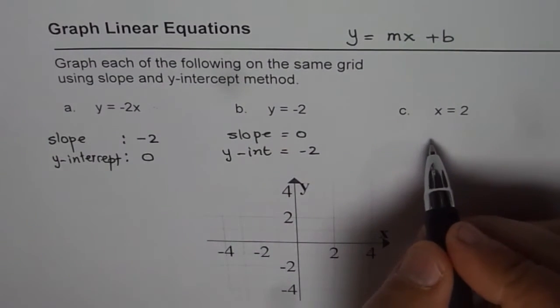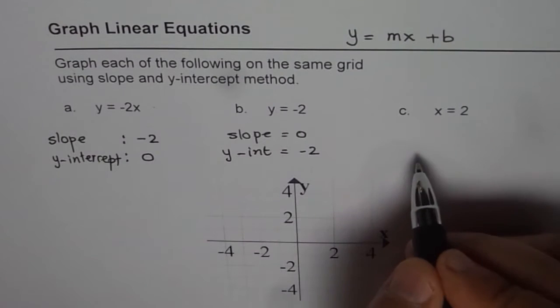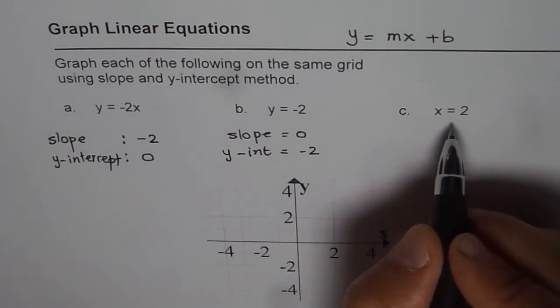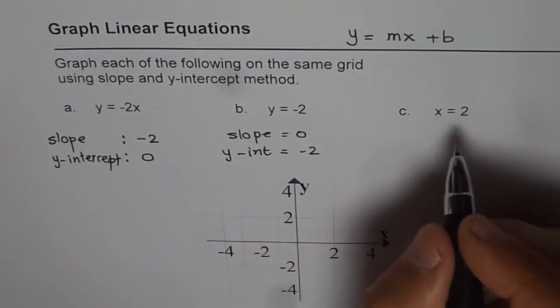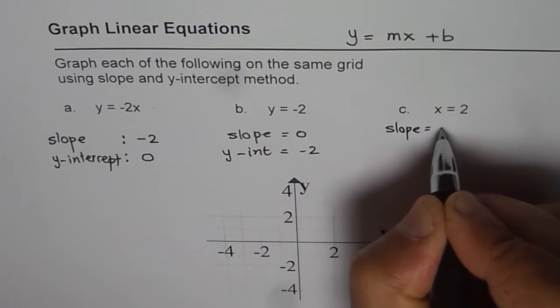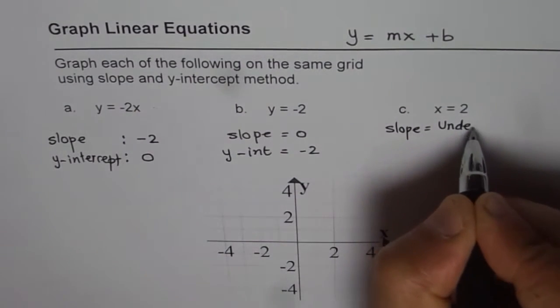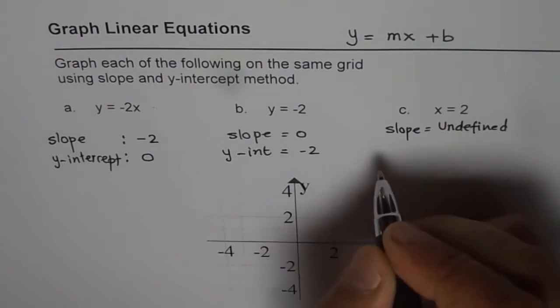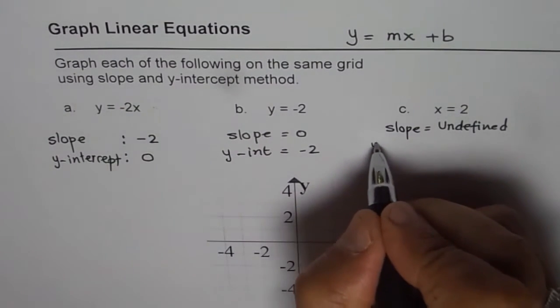Now for the third line, it is x equals 2. Remember, this is a vertical line. It cannot be represented by slope-intercept form. In this case, the slope is undefined. Don't write 0, it is undefined. And what is the y-intercept for this?